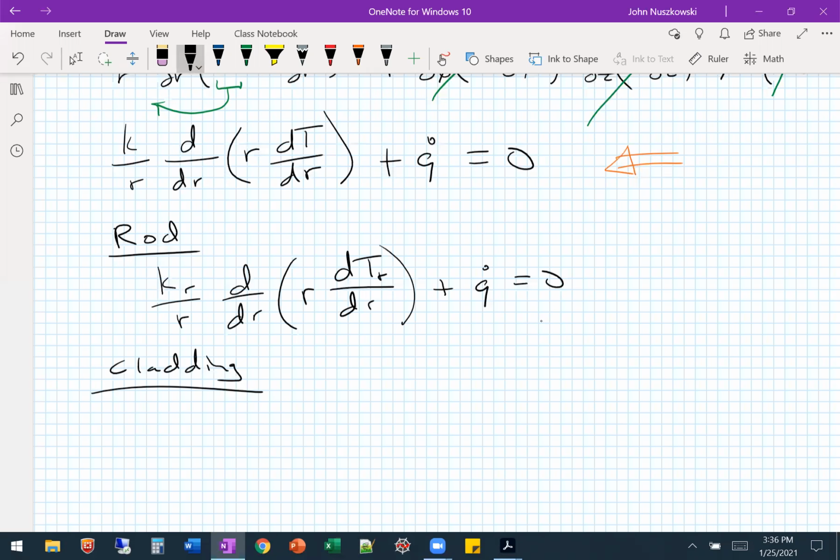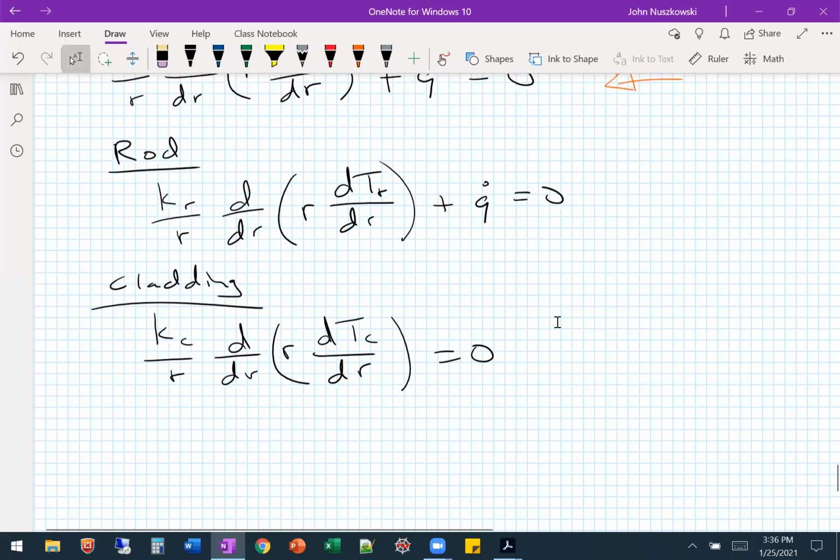Okay, so if we do that, we got KC over R, DDR. We have this for the cladding because there's no conduction going through the material that generates uniform volumetric heating.